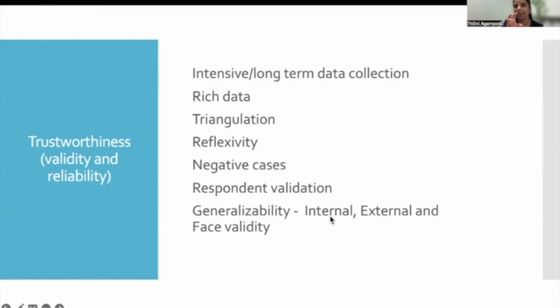Whether these, say, 10 mothers represent that particular type of mothers, or are we able to externalize? Can we generalize this to rural mothers in rural areas? So you can discuss these factors in the discussion of the manuscript.